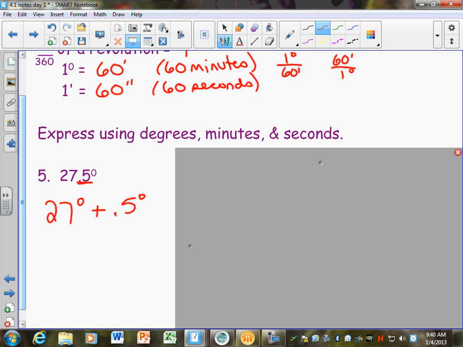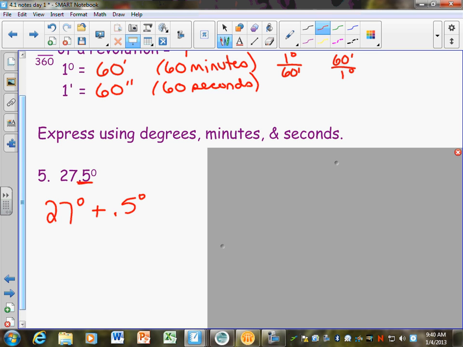How do I know which one to multiply by? I want it to cancel out, right? I want those degrees to cancel out. And maybe you can just think about it. Probably don't even need to convert it. If there are 60 minutes in 1 degree, how many minutes should there be in half a degree? 30, right? Does that make sense?